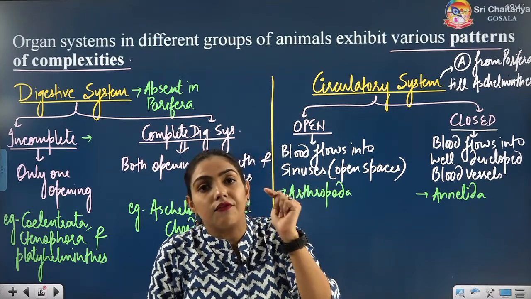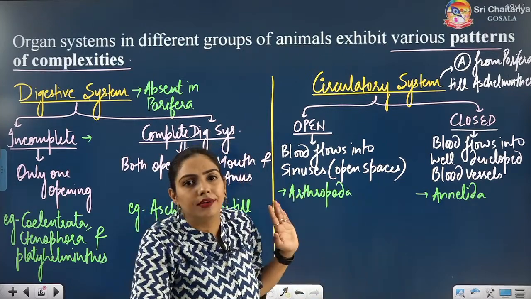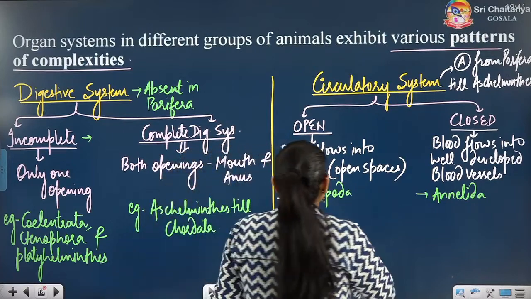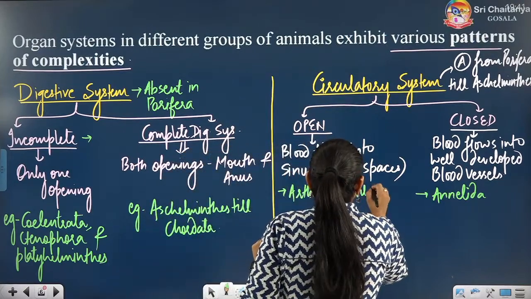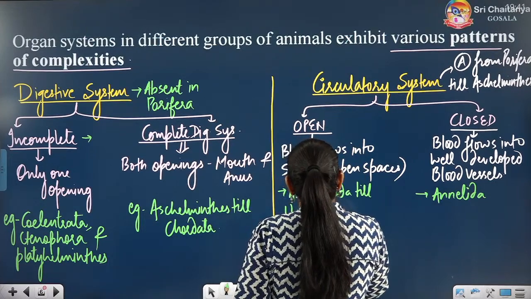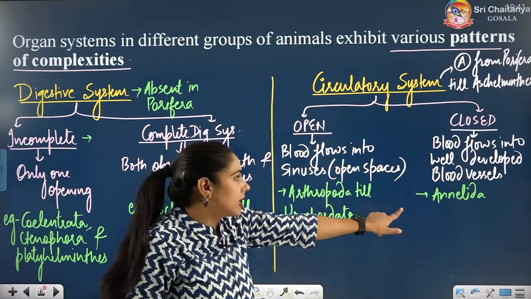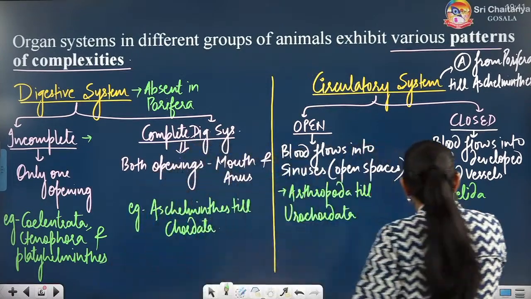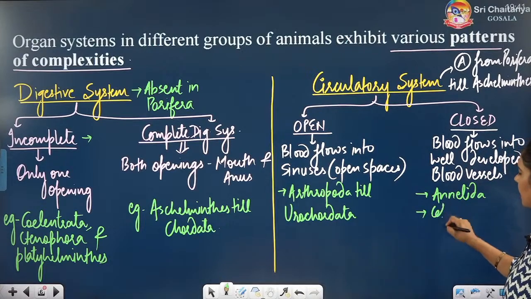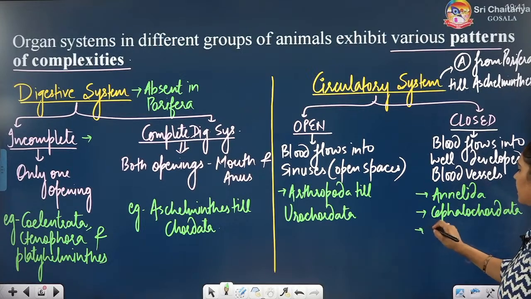In the first subphylum of Chordata also there is an open circulatory system. So we can write from Arthropoda till Urochordata. The rest of the subphyla in Chordata have a closed circulatory system. So we can write here Annelida, Cephalochordata and Vertebrata.